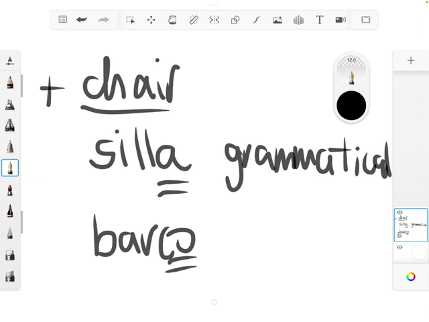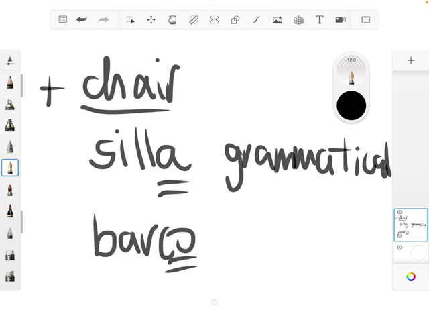So no inherent gender. This is grammatical gender, which means that in languages where you have the use of grammatical gender, every noun is going to have masculine or feminine pronouns, articles, etc. And that's just how the language works. We don't really have this concept so much in English.